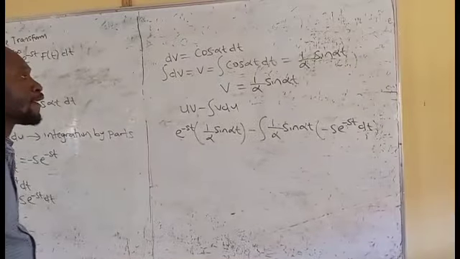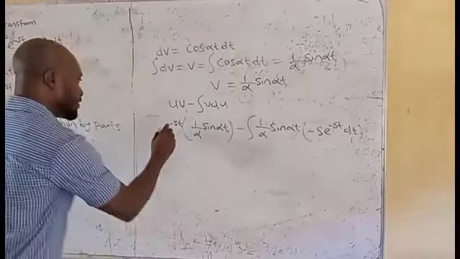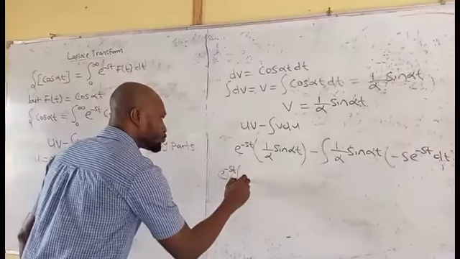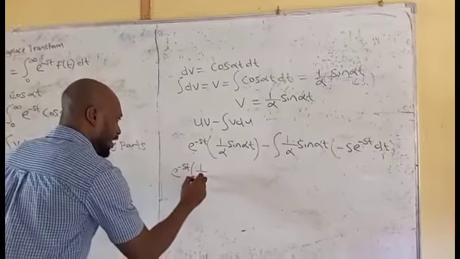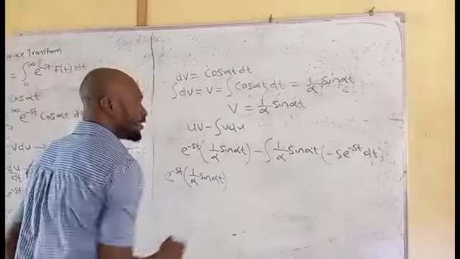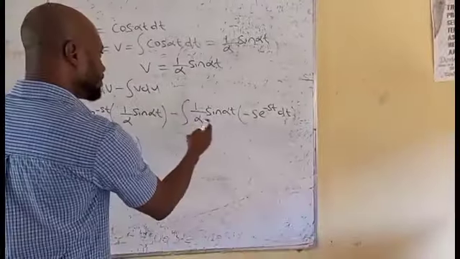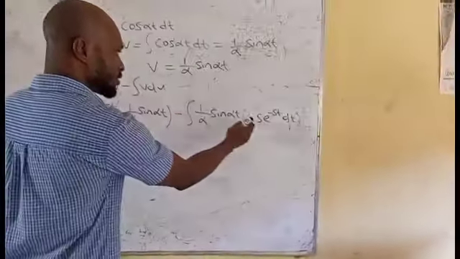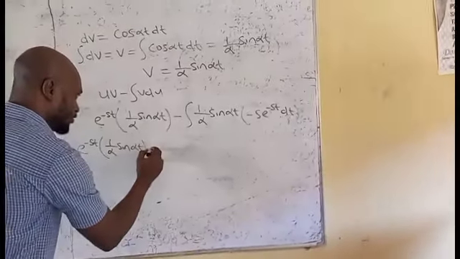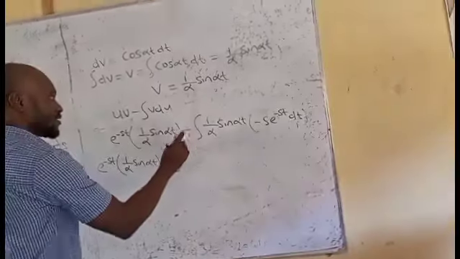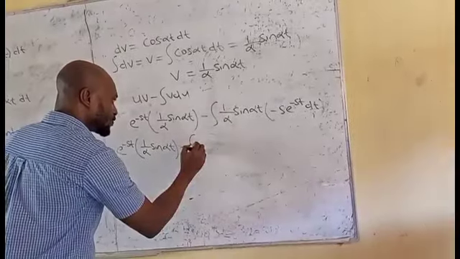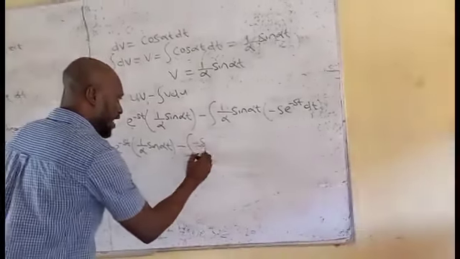So finally, you can now say, okay, this is exponential minus st into 1 over alpha sine alpha t. Then this 1 times minus s will give you, this is minus here, you have your minus, then your integral. This integral now is your integration sign. Then you have minus s over what? Alpha.